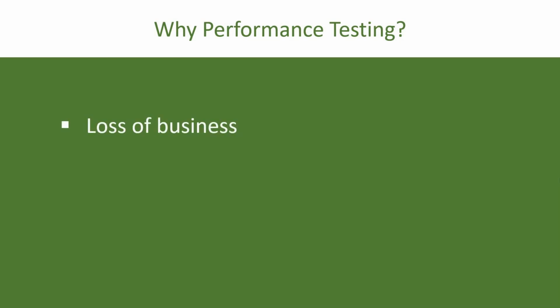So the first and foremost is the loss of business, or let's call this an opportunity cost. The example I had shared is, let's say if we take any business, it is going to have some competitors. So if we take Amazon, right? Amazon is into retail, and it's an e-commerce business.